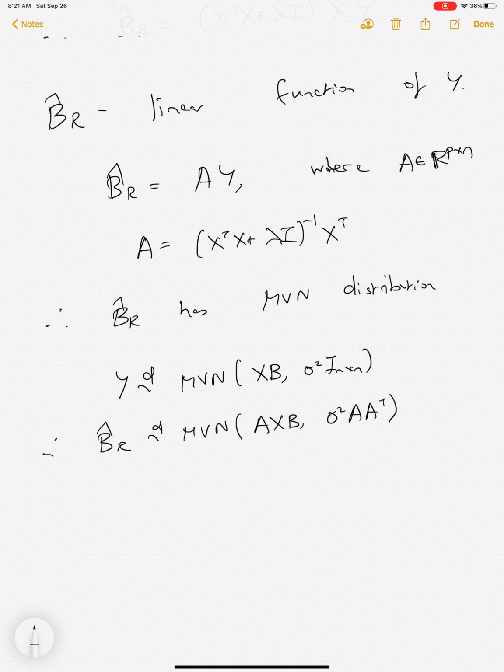Okay, and so this means that we have a lot of nice properties for this vector β hat R. We know the whole distribution, and it has a pretty nice closed form, and that's going to be very useful for analysis that we'll see.